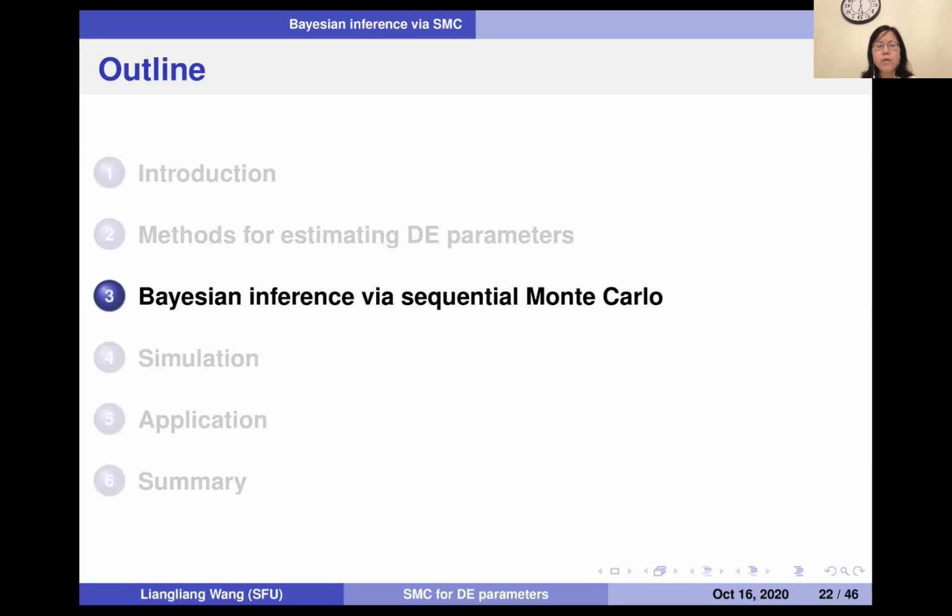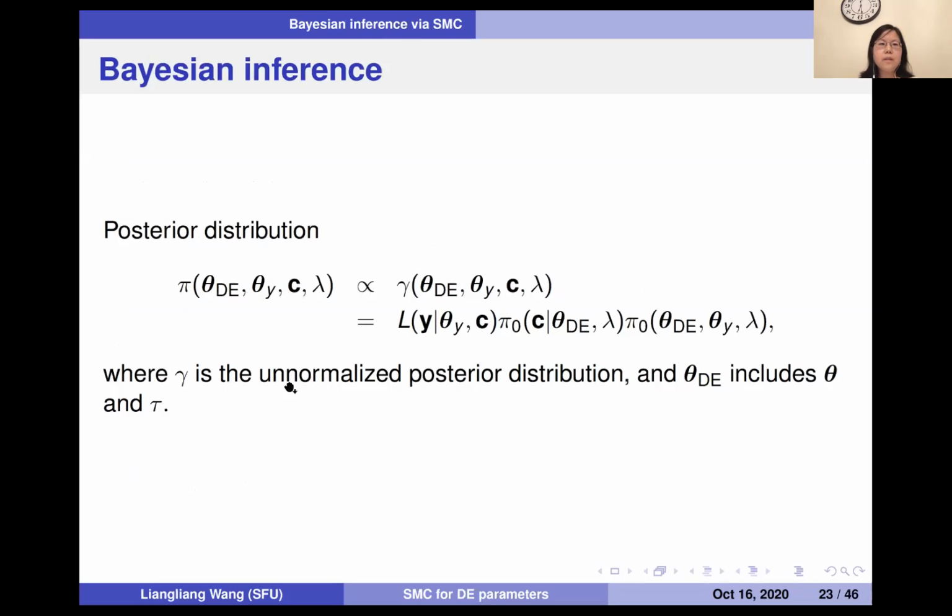So that's why we would like to use Bayesian inference for the parameters in the DDE, so that we can get the uncertainty estimation. And also we would like to have efficient computation. So that's why we are proposing to use SMC, sequential Monte Carlo methods, for Bayesian inference. In this case, we are looking at the posterior distribution of the parameters in the DDE.